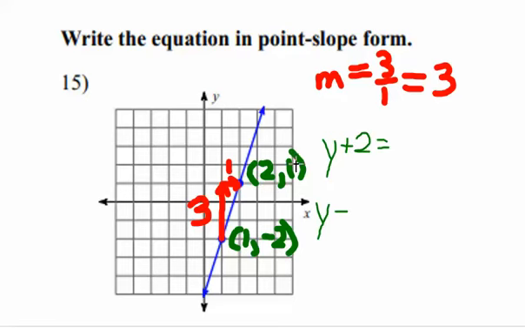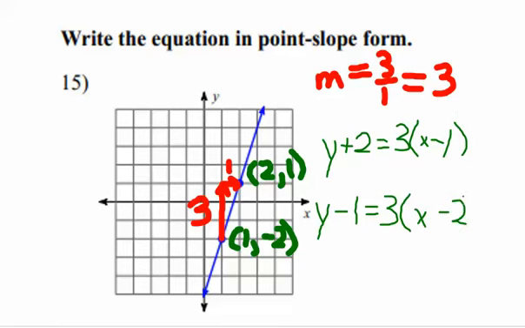And then we have the y in the second point being a 1, equals our m, 3, in both cases, x minus, the x in our first point was a -1, and the x in our second point was -2.